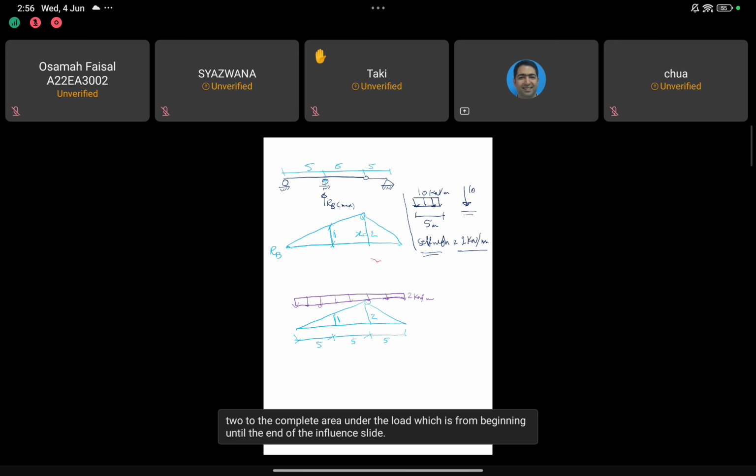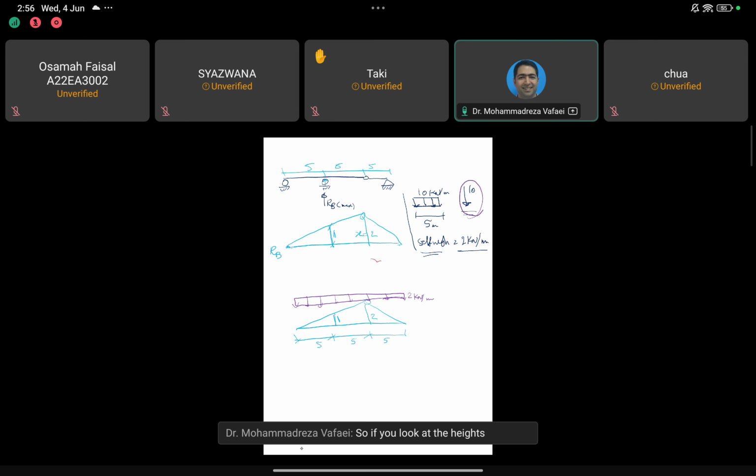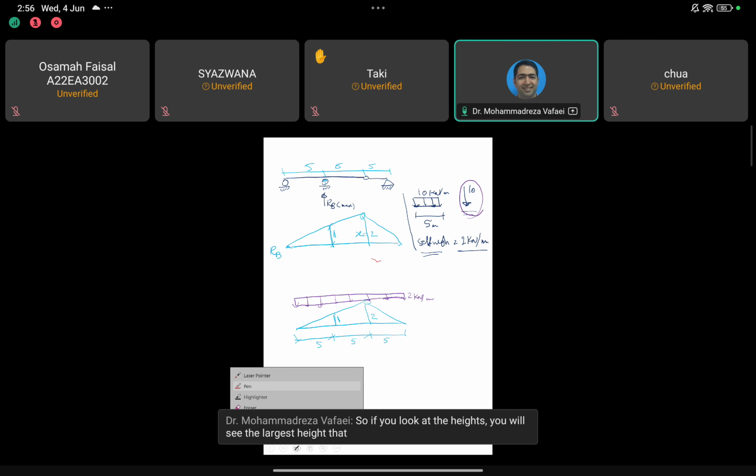Now, where should I put the 10 kilonewton point load? If you look at the height, you will see the largest height that we have is these two. So the point load should be right here to give us the largest value of RB.